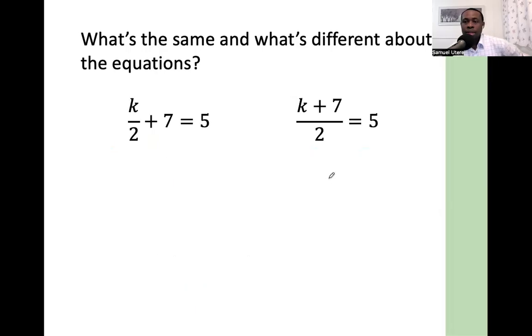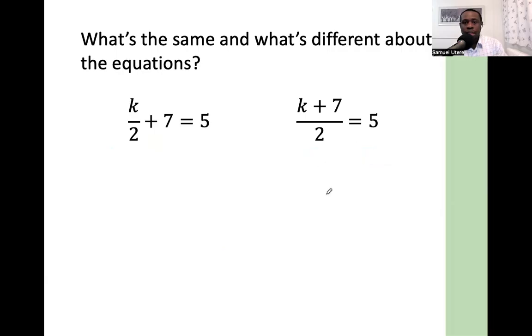Okay, here is another interesting, challenging equation. Have you noticed what is preventing us from having k just being on its own? The first thing you notice is the add 7. We're adding 7, so we're going to subtract 7 from both sides.